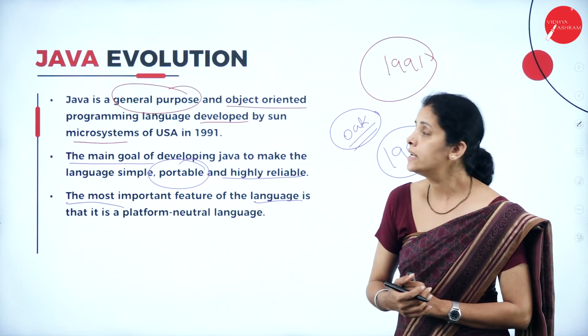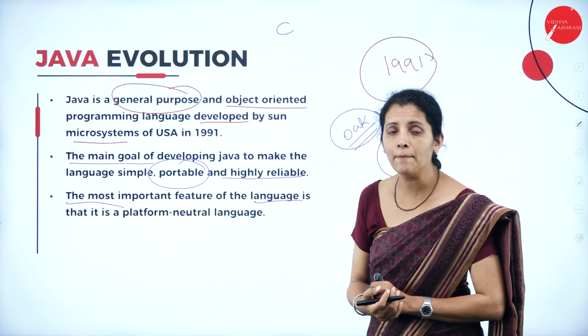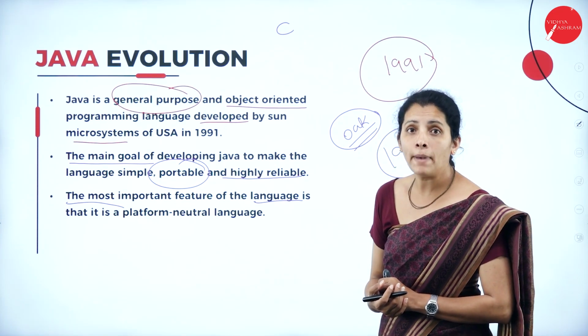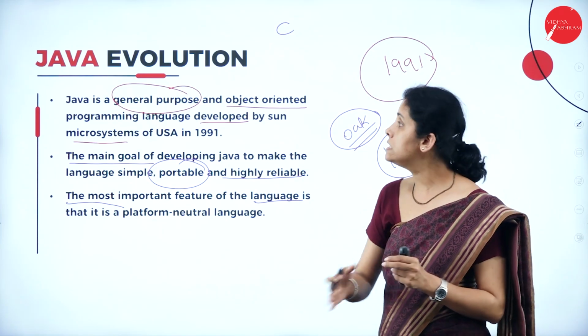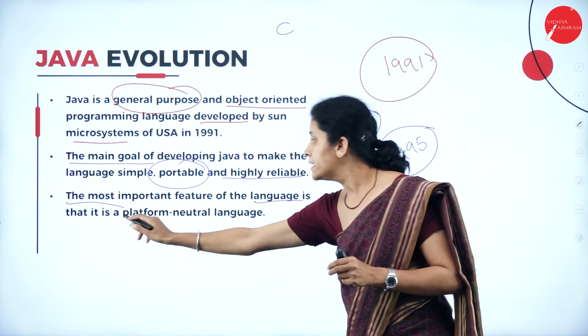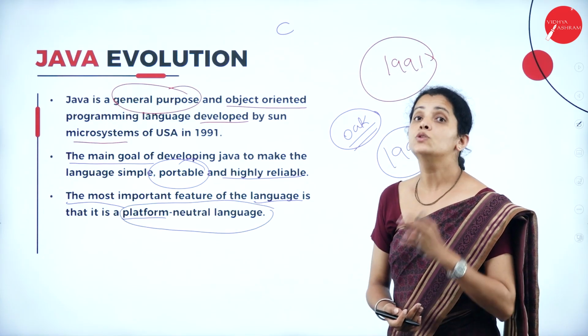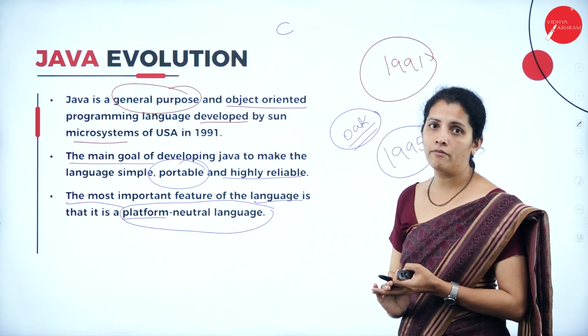Now, dear student, if I consider C or C++ programming language, they are known as platform dependent languages. And if I consider Java, it is treated as a platform neutral language. So, dear student, this is the evolution of Java.